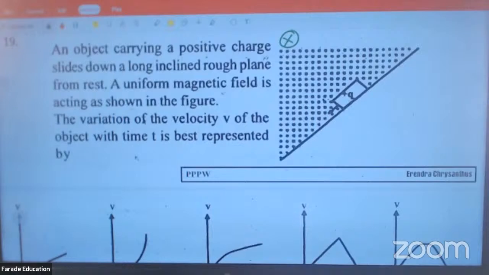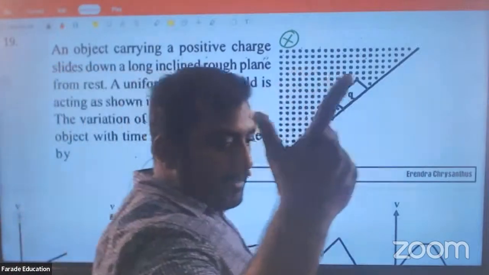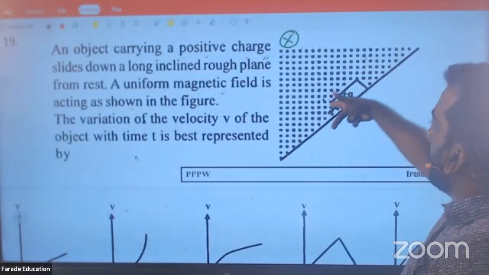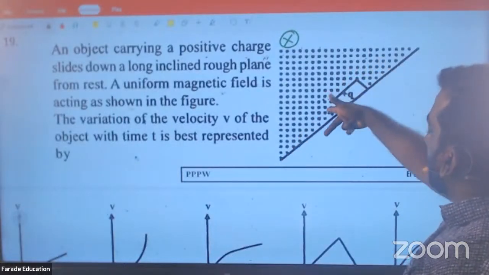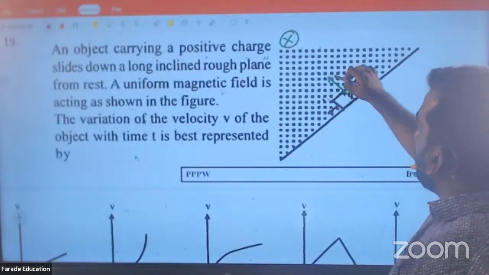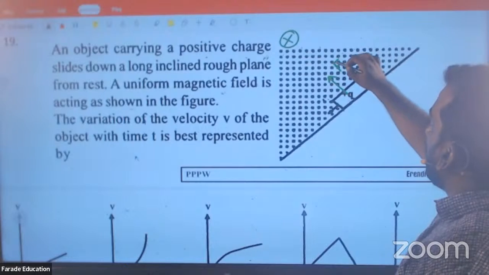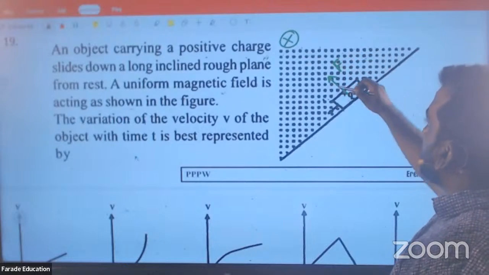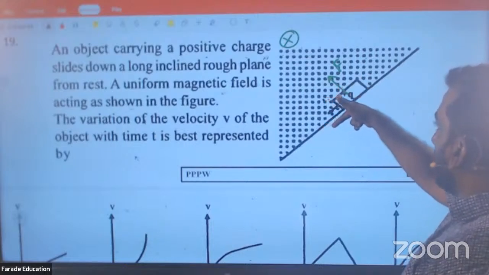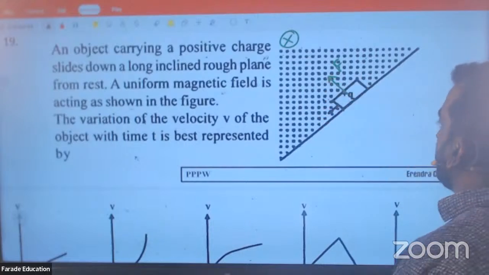Variation of the velocity v of the object, right? Fleming's right hand rule. Field, positive charge going means current. Field, current, motion, force.